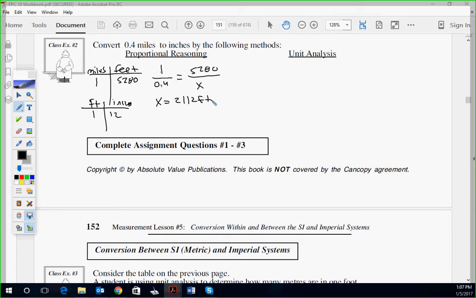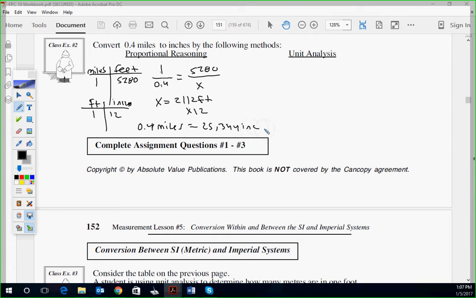What's our last step? Convert to inches, so we multiply that by 12. The 0.4 miles equals 25,344 inches.